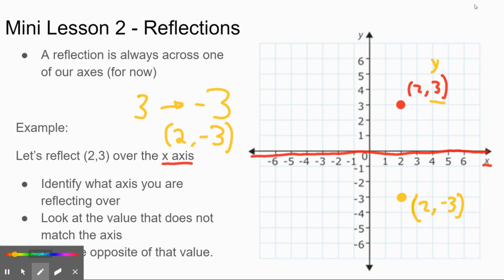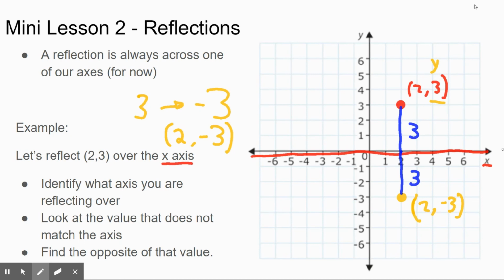If we think about absolute values and distances, if we look at the distance from our x-axis to our point, this is going to be a distance of 3. If we look at the distance from our x-axis to our reflection, it should also be 3. This is really important because that means that our reflection is definitely in the right spot.